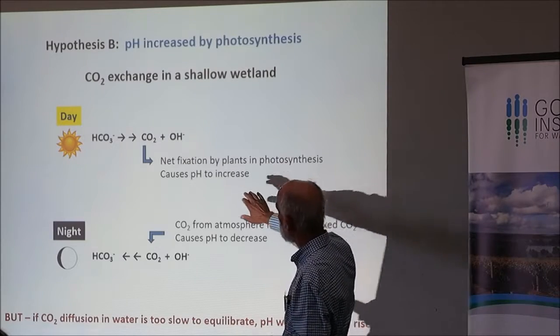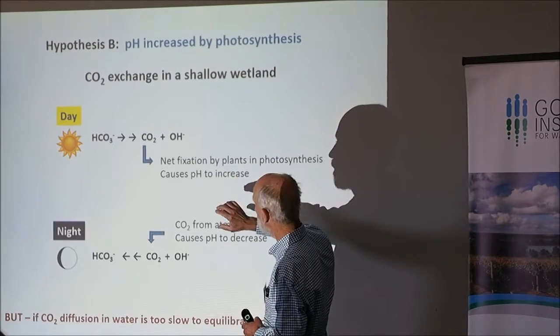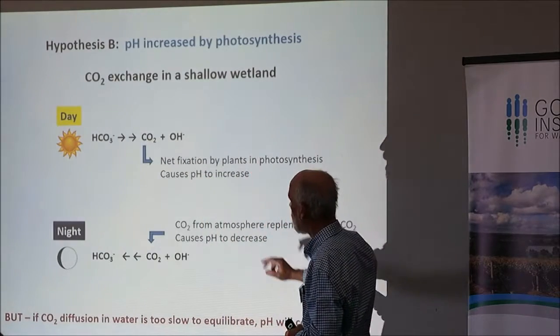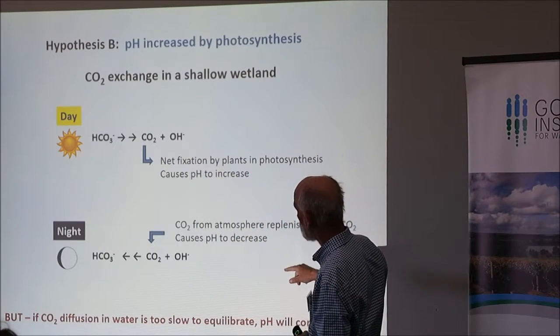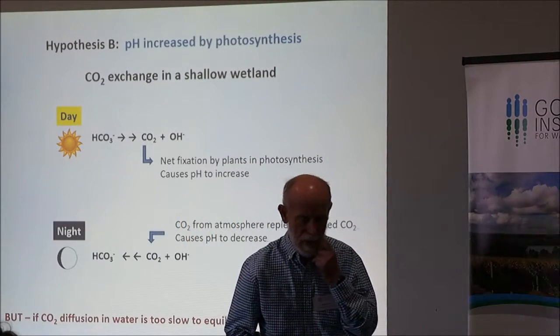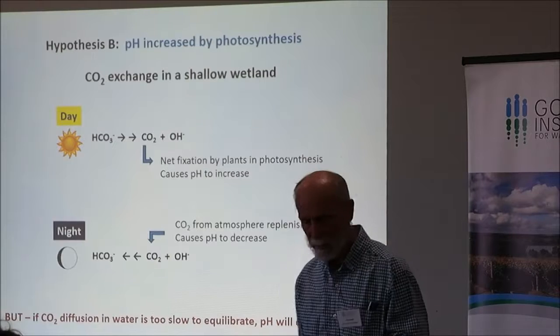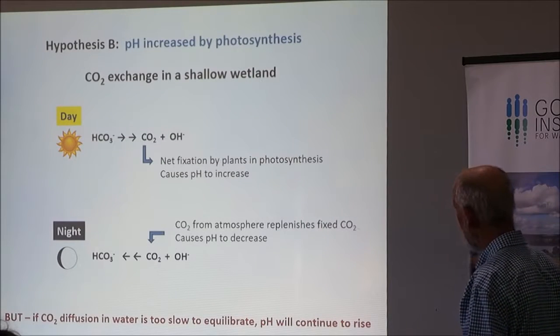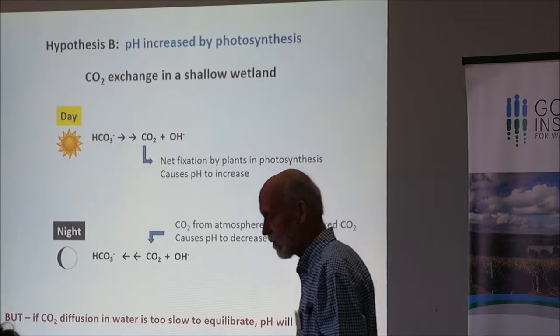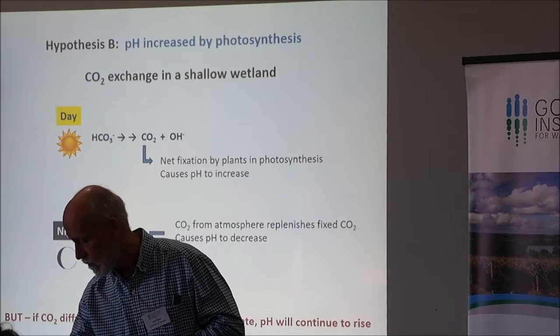So in the daytime we've got net fixation of carbon dioxide by plants, and the pH goes up. In the night, what should happen is that carbon dioxide should redissolve from the atmosphere and replenish the bicarbonate which is in the system. If that was the case, then the pH should be dropping back down to around pH 8, but that doesn't happen.